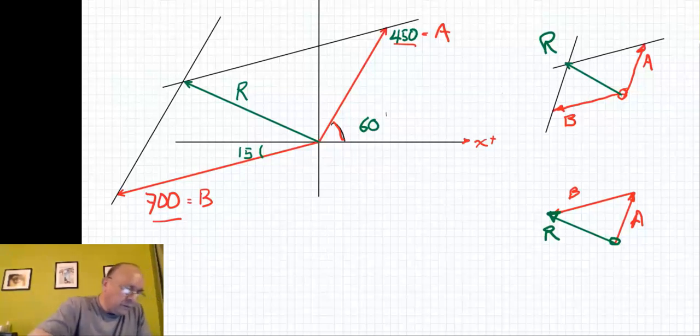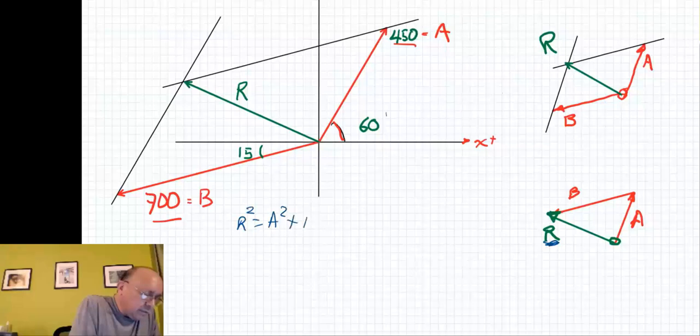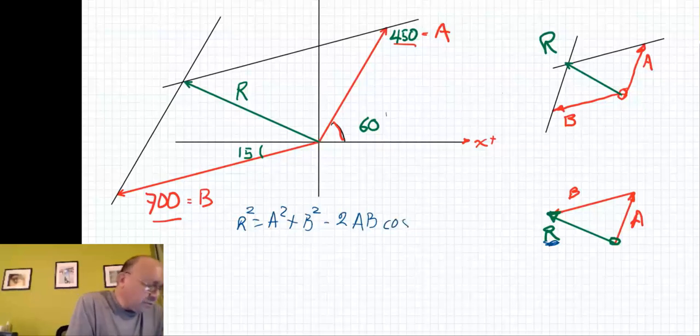For example, here you can use the cosine law to get R based on B and A. So you know this law, R squared equals A squared plus B squared minus 2AB cosine of the angle between A and B. So let's put them here.